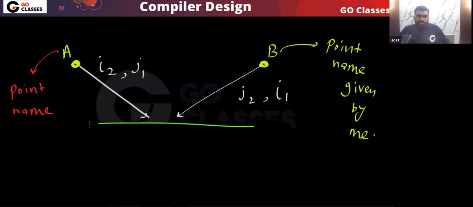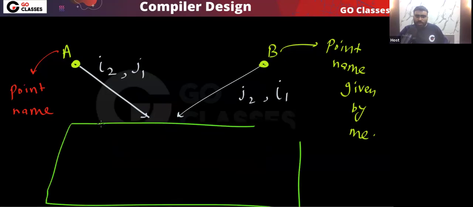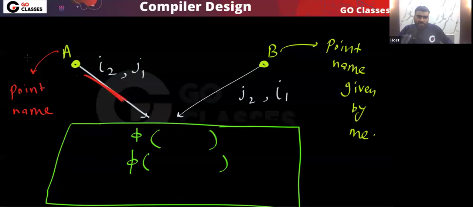So you have to use the same convention. For example, if you are writing this edge first, meaning on this edge what is coming, then every time you should write this edge first. Like for example, first you write I2, I1: on this edge I2 and on this edge I1.